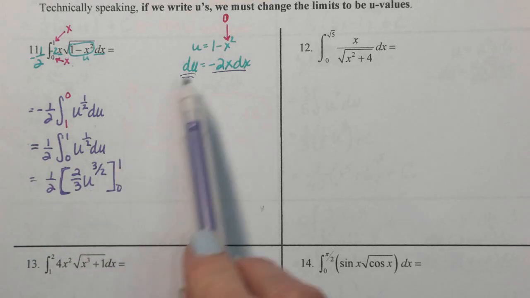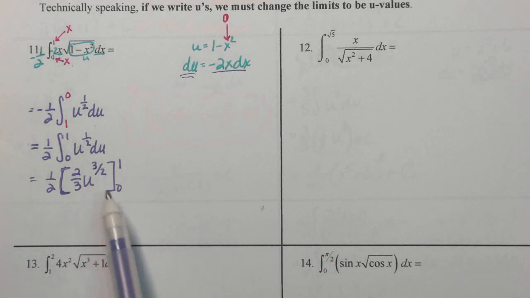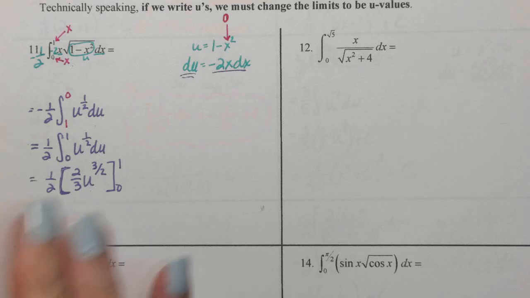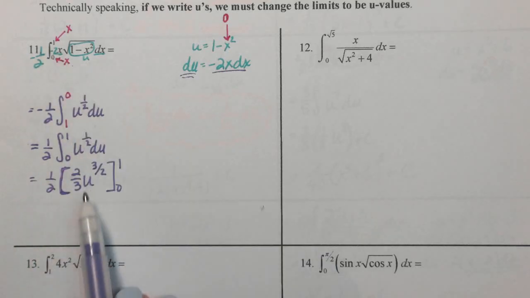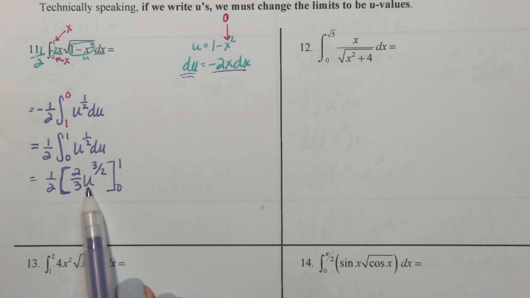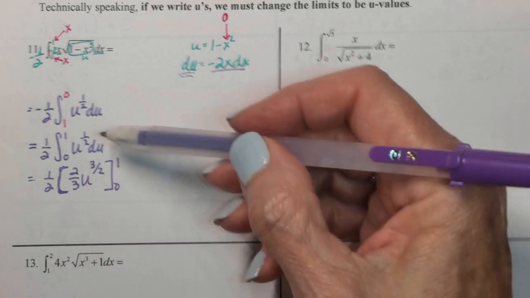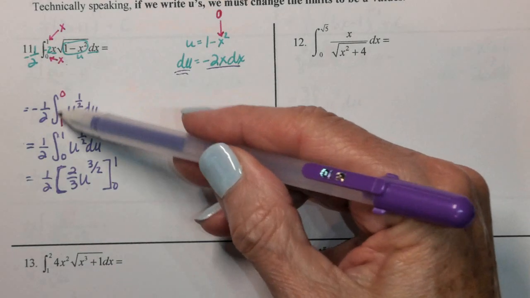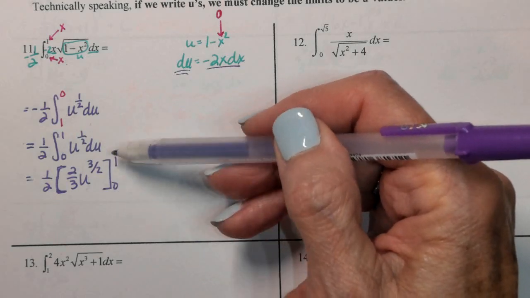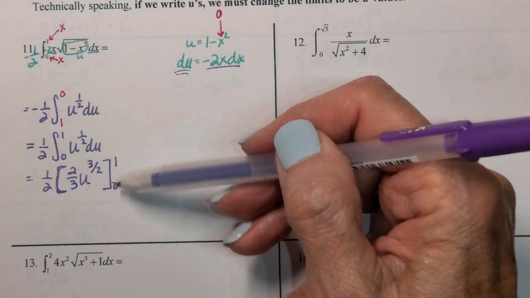If we go back to x's now, we cannot keep our u boundaries. We would have to revert to our x boundaries, and since we've switched those, it's going to be a little complicated. So don't go back to x's. If you have boundaries, do not go back to x's. If you took the time to change to u boundaries, then don't go back to x's. You stick with your u's.